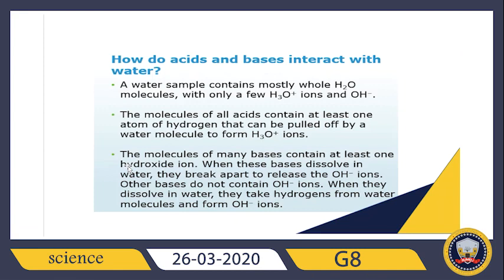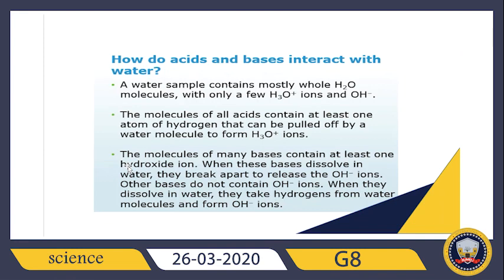So guys, let's start with the acids. The molecules of all acids contain at least 1 atom of hydrogen. For example, a common kind of strong acid is HCl, or hydrochloric acid. Almost all acids have at least 1 atom of hydrogen in their chemical formula.